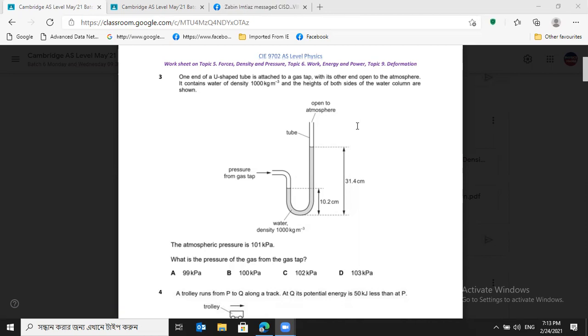You have to convert to meters. Then you check, it's coming in Pascal. It's a big value, so you have to convert into kilopascal. After converting, it comes to 103 kilopascal, which is D.